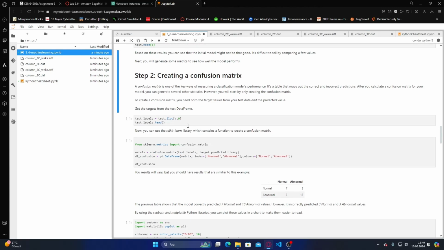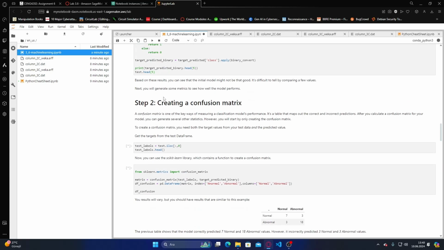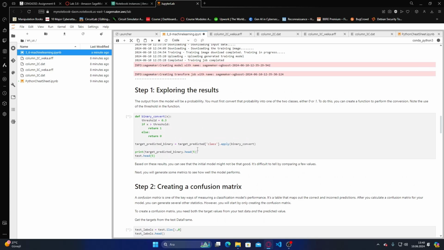Okay, let me run the other stuff. This will give the predictions with a 0.3 threshold. If it is bigger than 0.3, it will return 1. And for the first 5 of them, it's going to print the data.